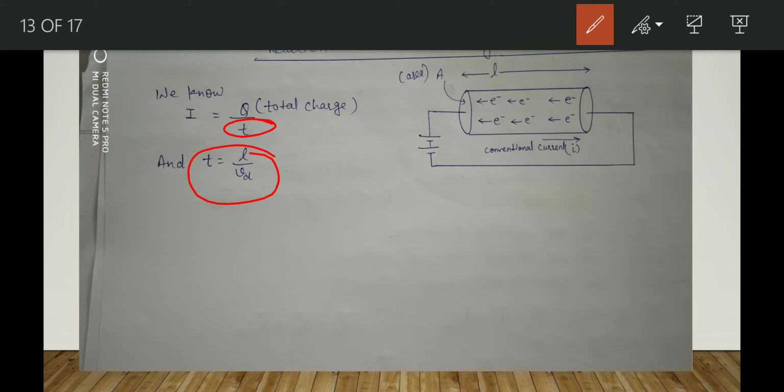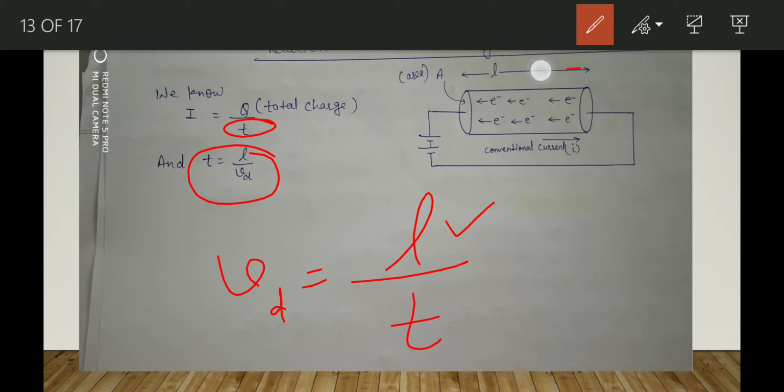As you all know, drift velocity is equal to the length covered by the electron divided by total time. Length is the distance which is covered by the electrons to move from left to right, and t is the time taken by the electron. Then Vd will be L by t, and so time will be equal to the length of the conductor divided by drift velocity.